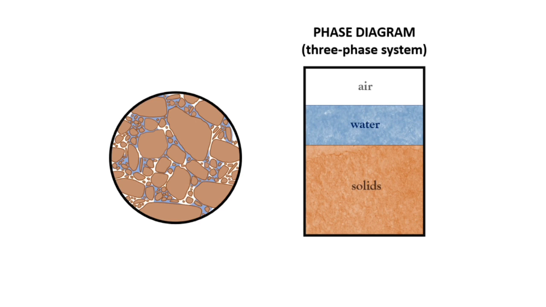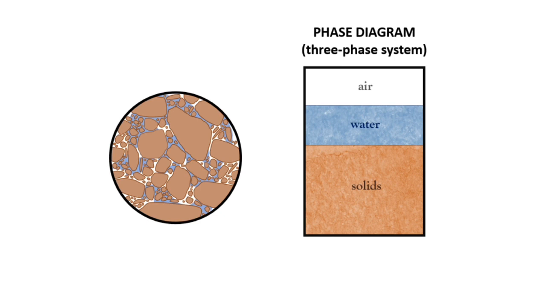So, we have air sa taas dahil mas magaan or yung density ng air is mas mababa compare sa dalawa pa nating components. Water, nasa pagitan siya dahil mas mataas naman yung kanyang density compare sa air pero mababa yun compare sa solid. Kaya yung solids natin ay nasa pinakailalim dahil mataas ang kanyang density. So ito yung tinatawag natin na phase diagram.